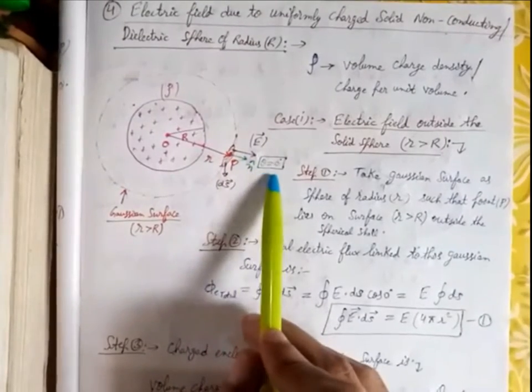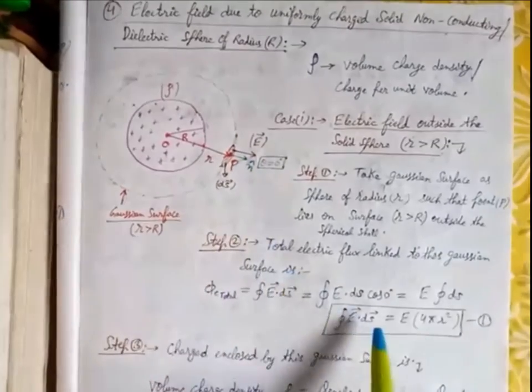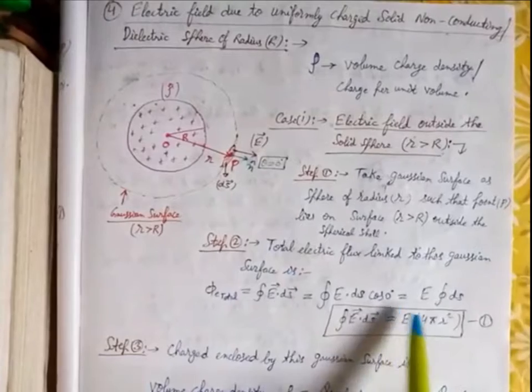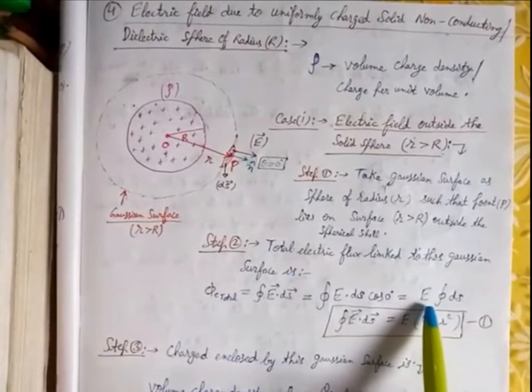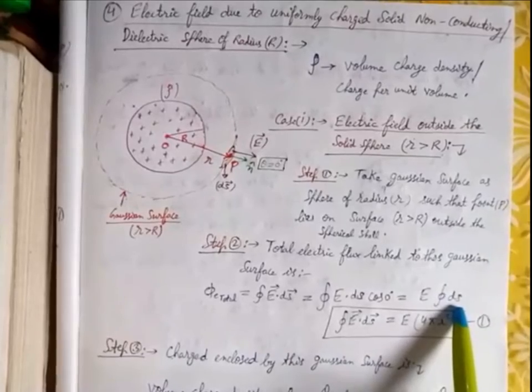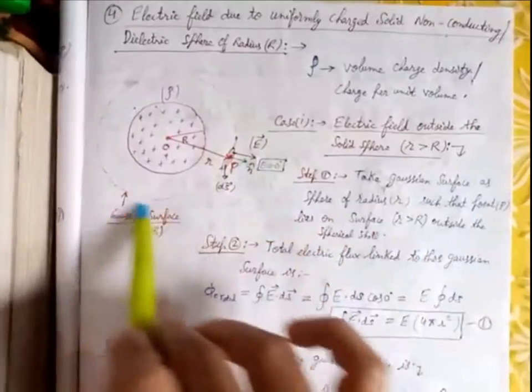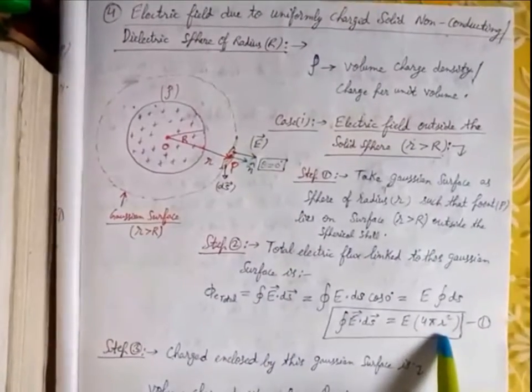The theta angle between the electric field and unit area vector is 0 degree, so cos of 0 degree. Now E is the uniform field, so it is taken out of the integration closed integral of ds. We will get the area of this Gaussian surface. So this spherical Gaussian surface area is 4 pi r square.